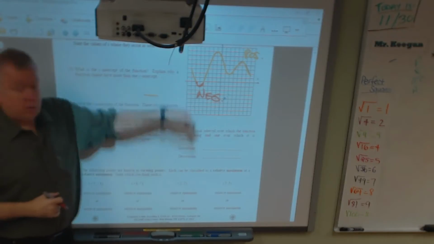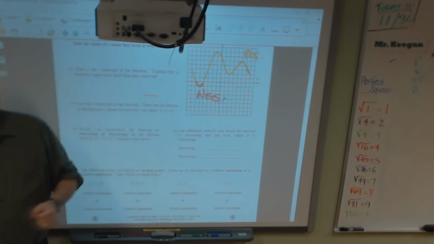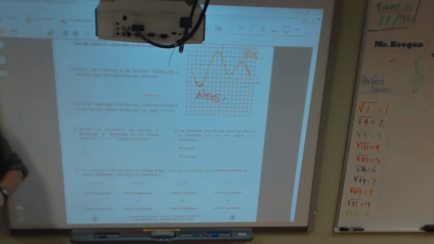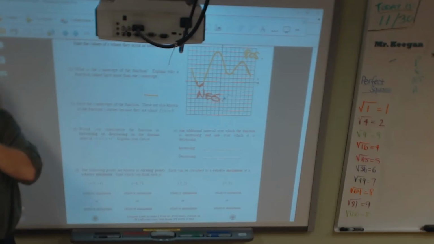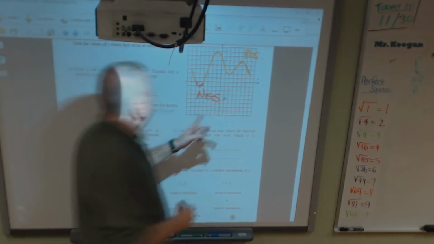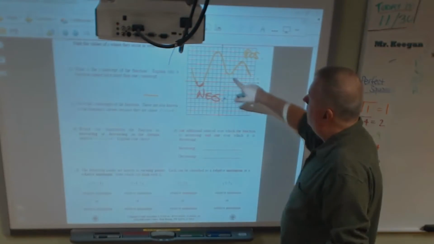I thought it was different, like a while ago. Are you thinking of the different quadrants? Yeah, quadrant.